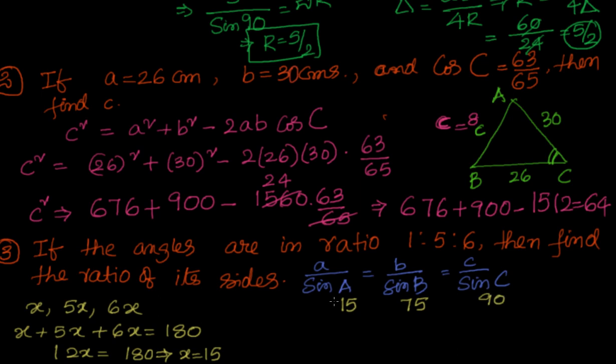You can see that sine 15, sine 75, sine 90. Now we know that this is nothing but equal to 2r.